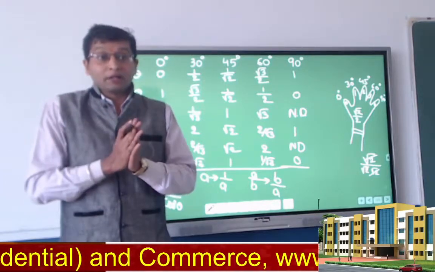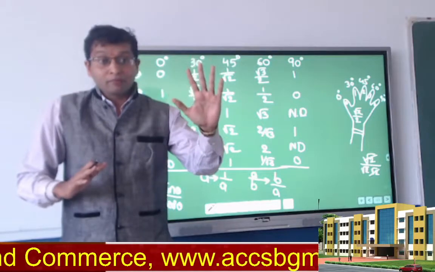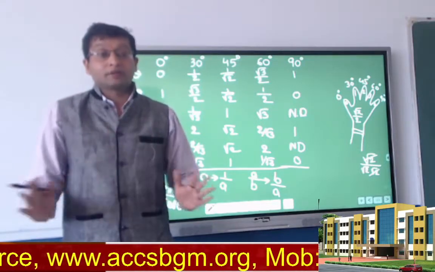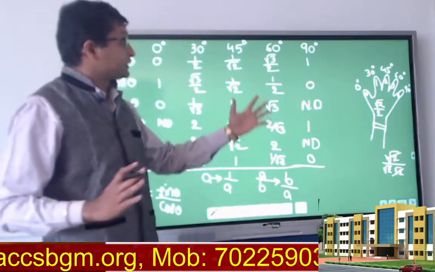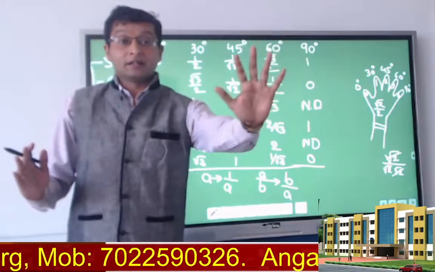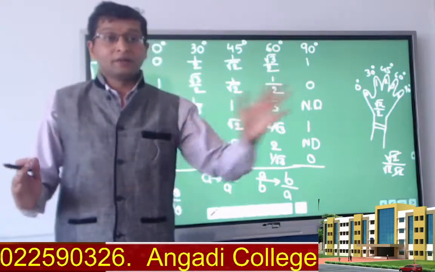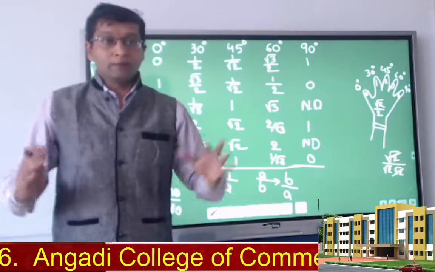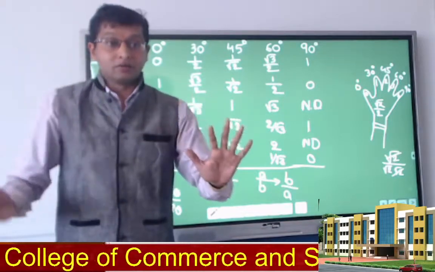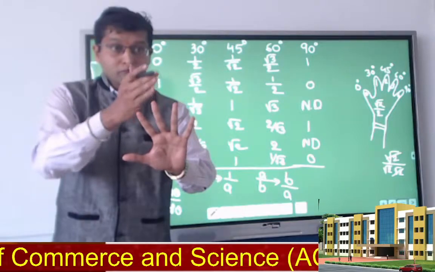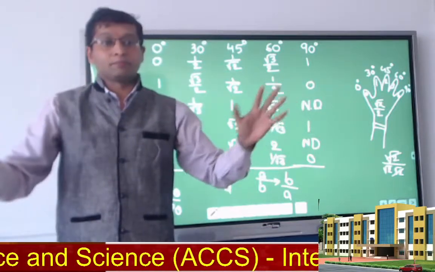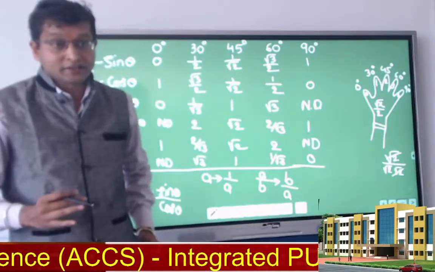You can remember these values using the palm rule, and remember them forever. It is just a representation: use of the 5 fingers, the root x by 2 formula, and giving values from 0, 1, 2, 3, 4 here. You can remember. Now we will discuss.